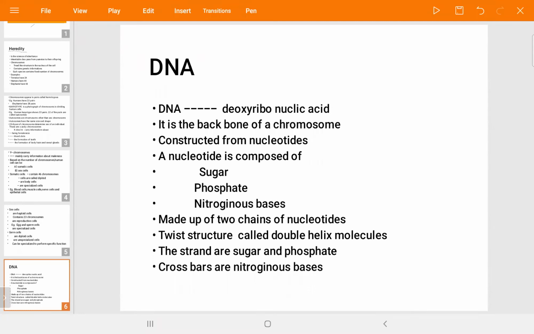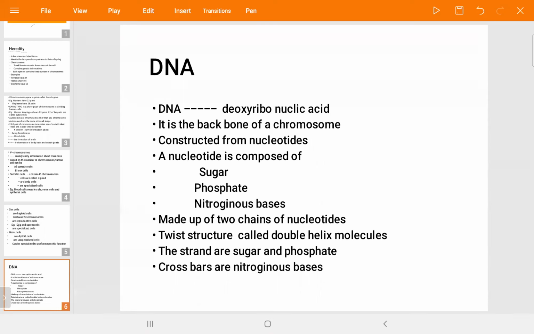DNA is constructed from nucleotides. These are biological molecules, genetic materials. DNA is made from nucleotides. A single nucleotide is composed of 3 genetic materials: sugar, phosphate group, and nitrogenous base.